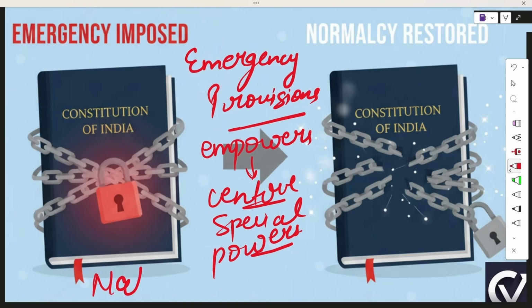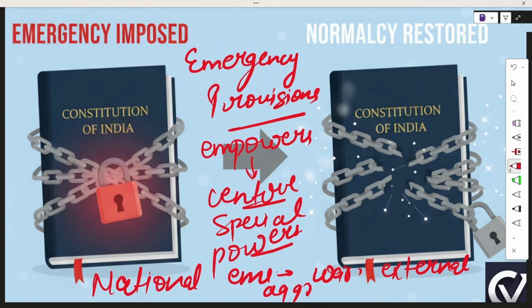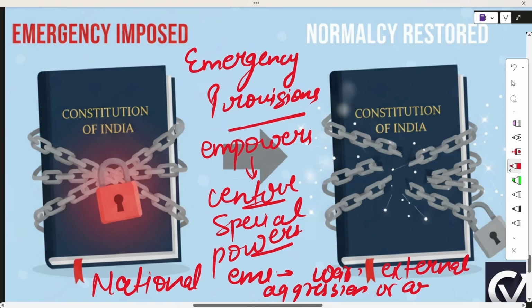A national emergency can be declared in case of war, external aggression, or armed rebellion.